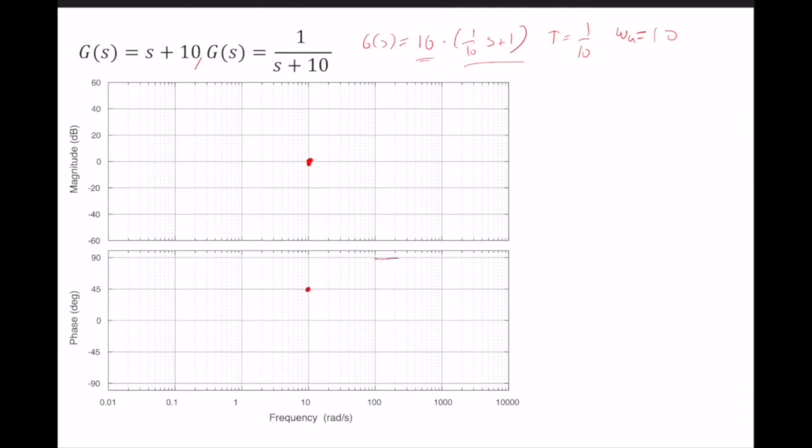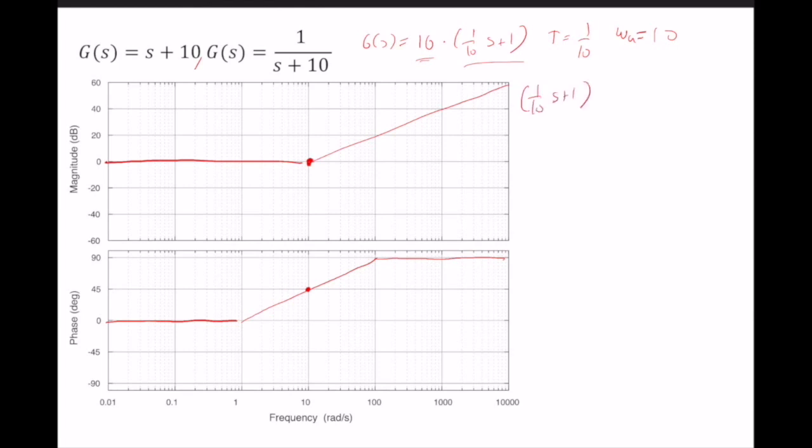The phase should be like this. And the magnitude should look like this. Okay, good. This is true for 1 over 10 s plus 1.